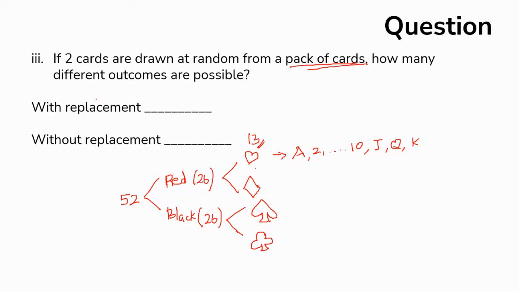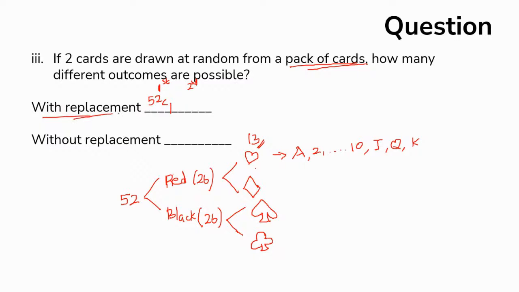Fine. So the first question: if two cards are drawn at random from a pack of cards, how many different outcomes are possible? The first case is with replacement. For the first card, out of 52 cards, the possibility is 52C1.